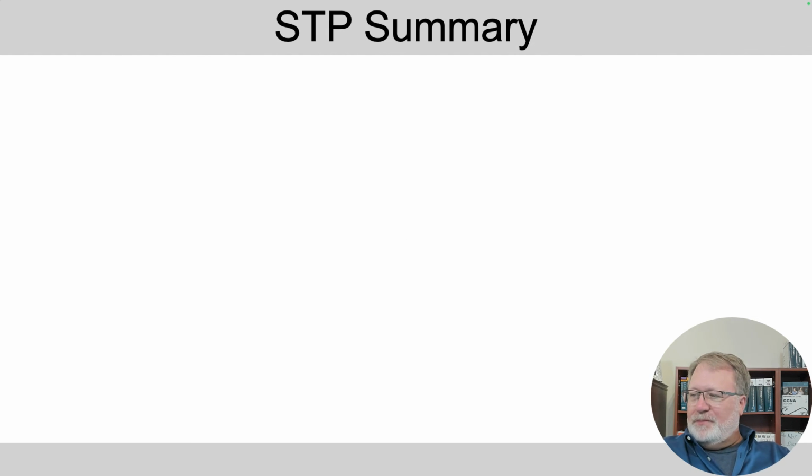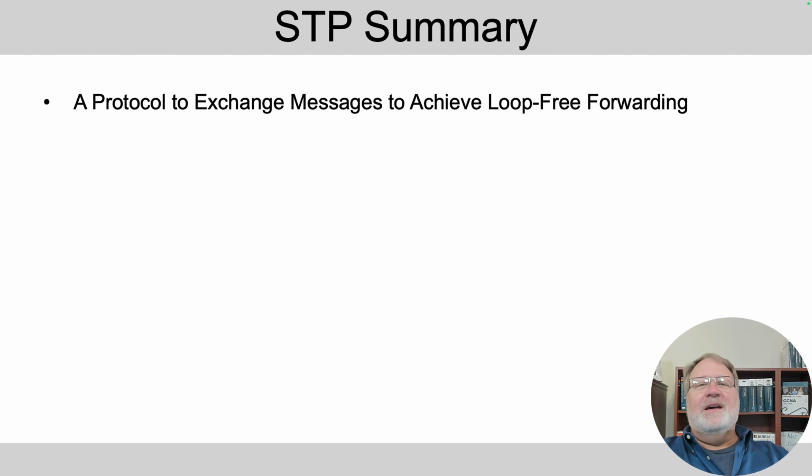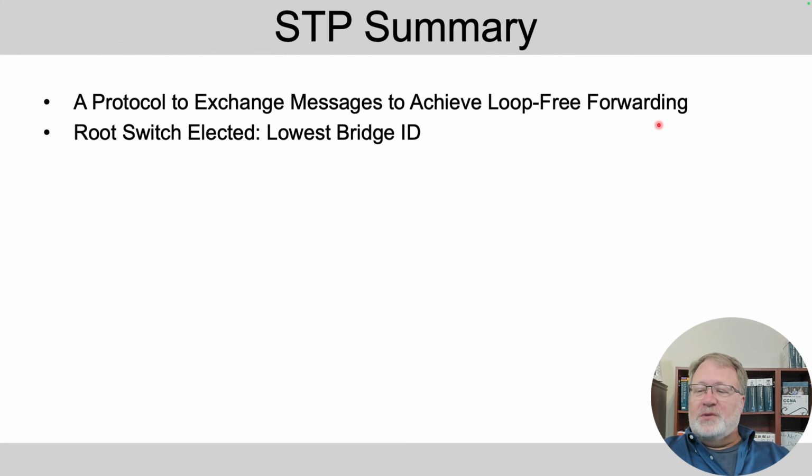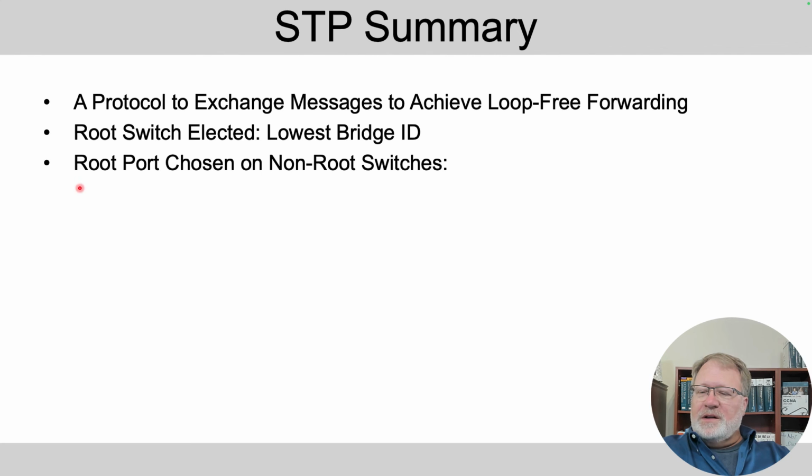So just to sum up for a moment, the process itself uses messages to do what I've described in more human terms, but the goal is to achieve this loop-free forwarding. So the root switch is elected based on the lowest bridge ID. The root port is chosen on non-root switches. So the root switch itself does not have a root port.